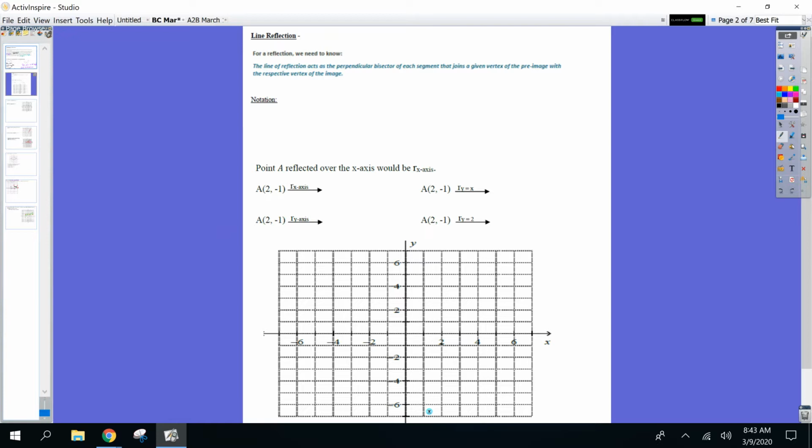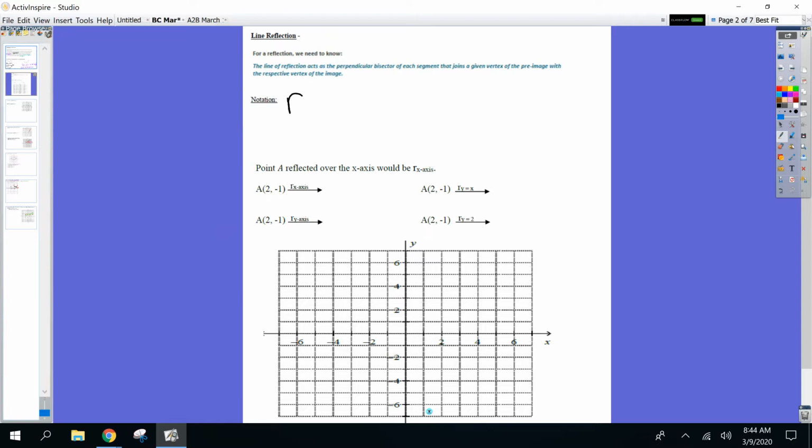All right, notation. I don't know if you ever knew that there is a symbol for reflection. It is a lowercase r. Well, why isn't it an uppercase R? That's reserved for something down the road we'll talk about. And then not only will you see a lowercase r, you will also see a subscript.